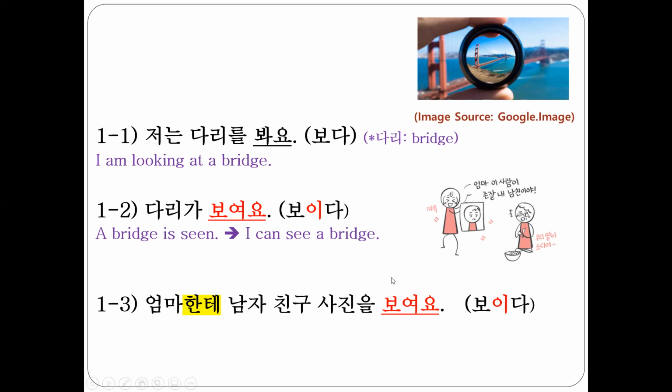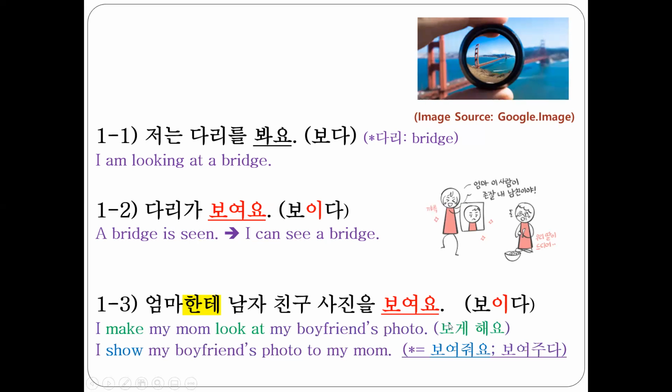But if you see 보이다, again, passive verb and causative verb, the form is the same. So you can recognize the function or meaning based on the context, or you can make the causative verb's sense more clearly by saying 보게 해요. 또는 엄마한테 사진을 보게 해요. 또는 엄마한테 사진을 보여줘요. Like this.